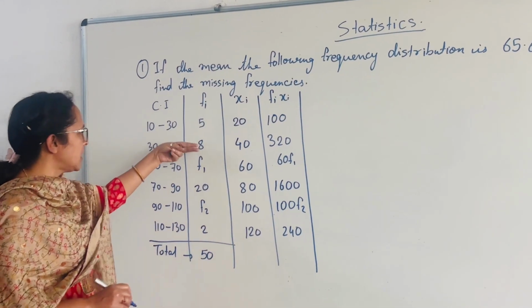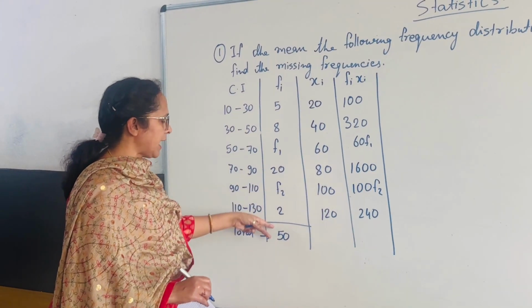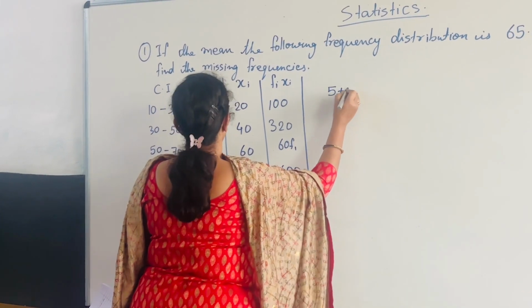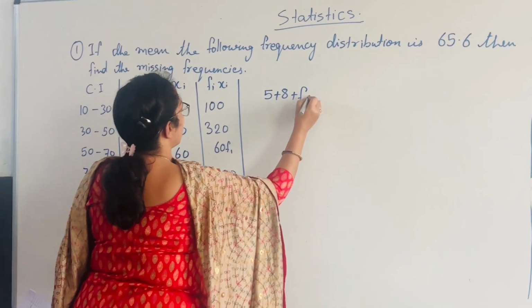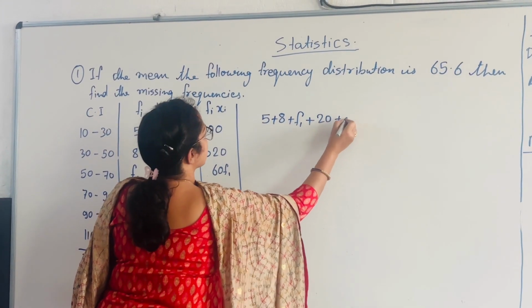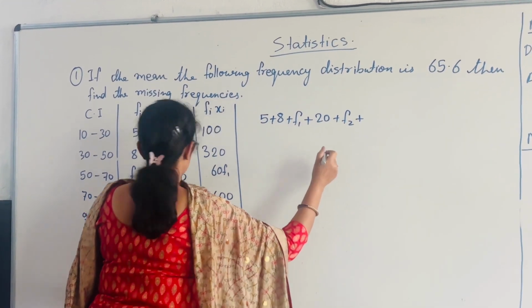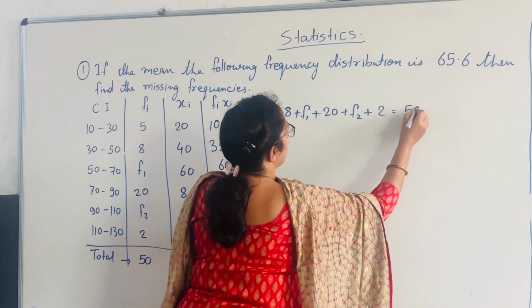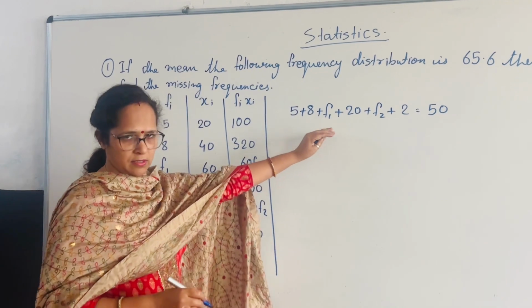Now you can see the sum of all frequencies is 50. So 5 plus 8 plus f1 plus 20 plus f2 plus 2 is equal to 50. It has been given to us.